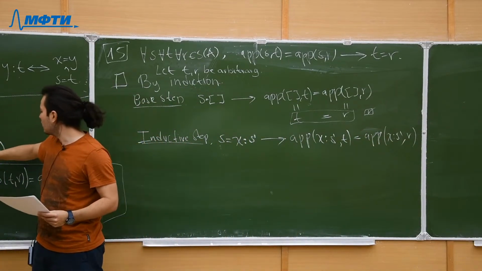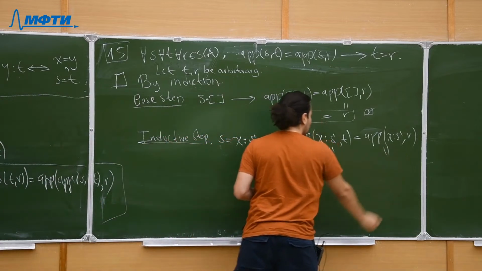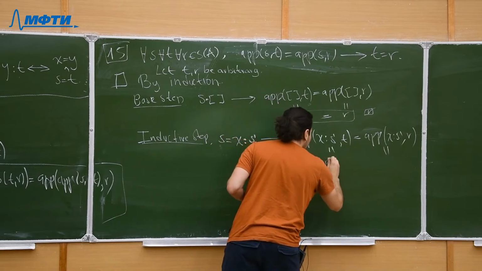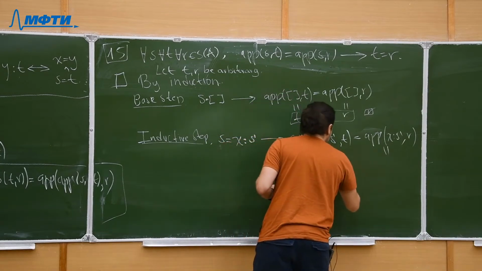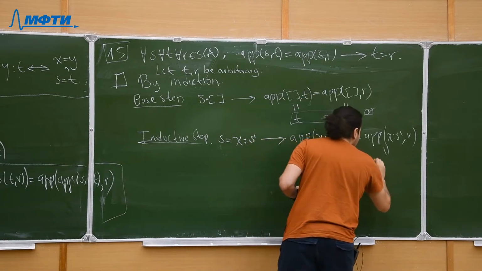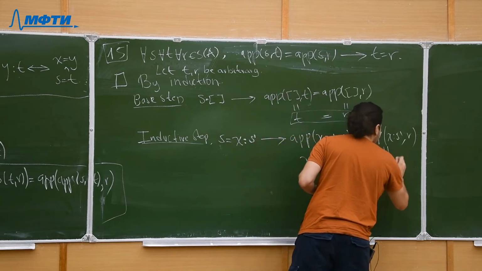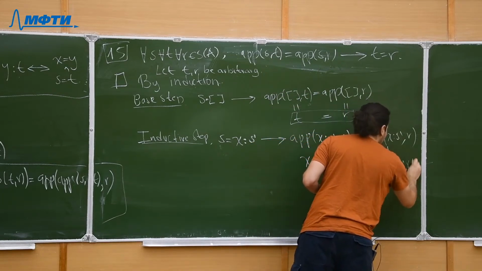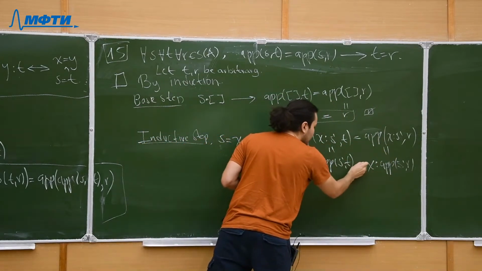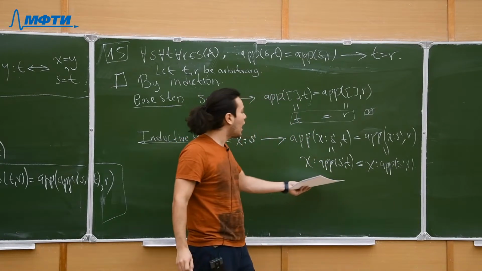Yes, we can take this x out. Then this is going to be equal to x column the app of S prime and t, and this is going to be equal to x column the app of S prime and R. Then these two things have to be equal.